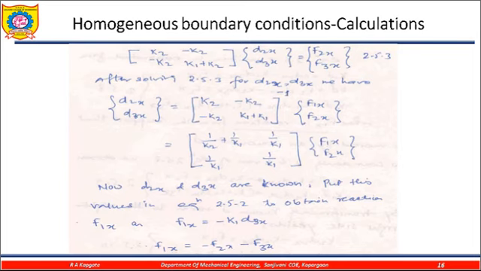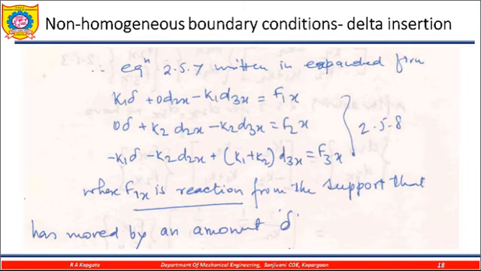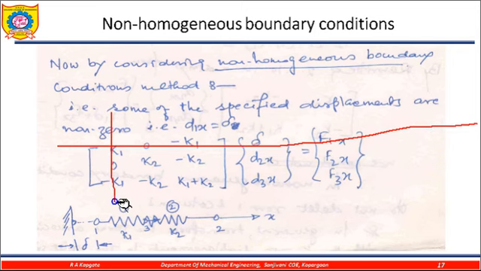Now the second method, when a non-homogeneous boundary condition is given. A non-homogeneous boundary condition means that d1x is equal to some value, that is the delta value. If the delta value is given, how do we manipulate this? When the delta is given here, you need to remove this term, but multiply this delta to this term.